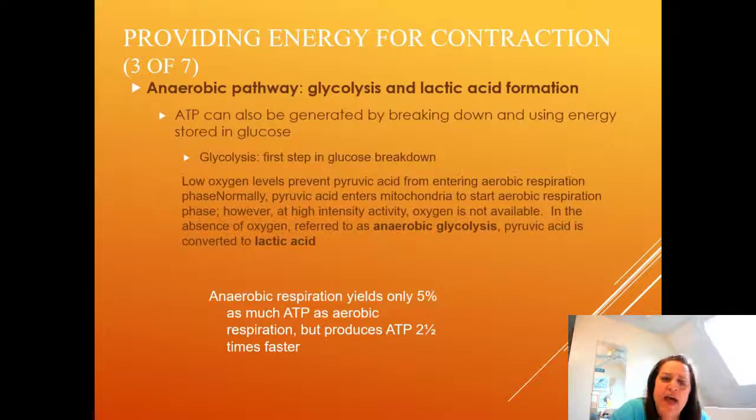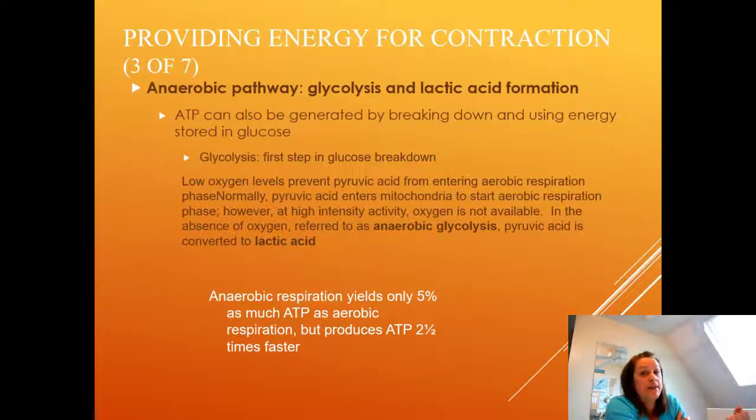The anaerobic pathway, right? We're going to go through glycolysis, and then we're going to take a right turn and convert to lactic acid. Anaerobic basically happens when there's no oxygen present. An anaerobic example is if I'm going to start doing biceps, and I'm going to curl and curl and curl and curl. The more I squeeze my bicep, right, the more I'm preventing blood from entering the muscle tissue.